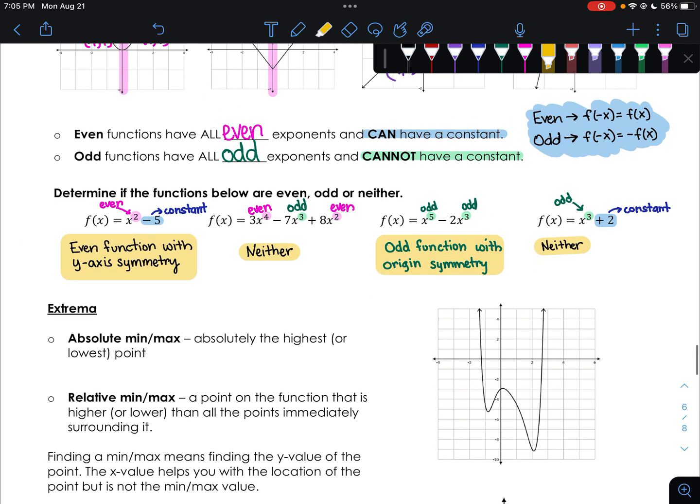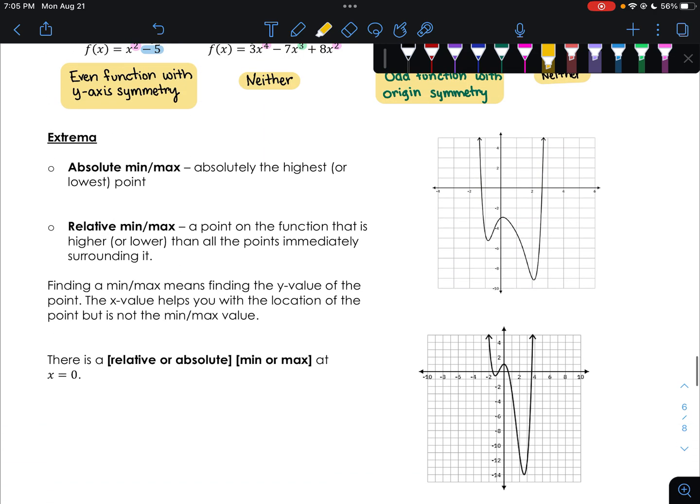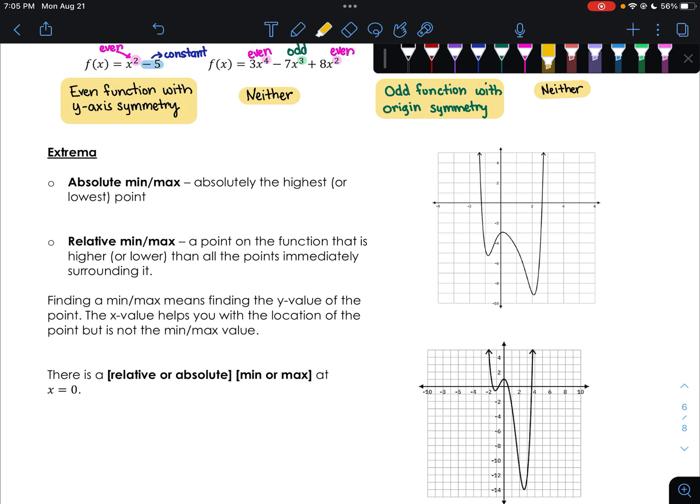Okay, the last part, oh nope, not the last part quite yet, but now we're going to talk about the extrema. The extrema is talking about absolute minimums and maximums and relative minimums and maximums. So the absolute maximum is when it is absolutely the highest point or the lowest point on the graph.